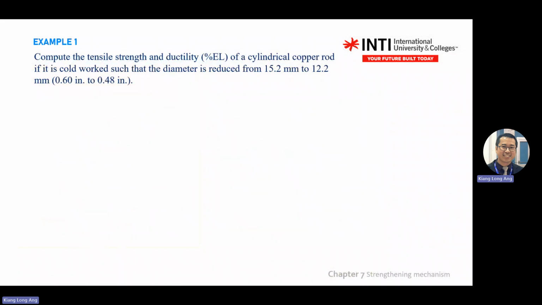It basically explains what this is. So how will your test or final exam look like? You'll be seeing something like this: a very short paragraph asking you to calculate something. Calculate the tensile strength and ductility of a cylindrical copper rod if it is cold worked such that the diameter is reduced from 15.2 mm to 12 mm. What is the percentage of cold work?